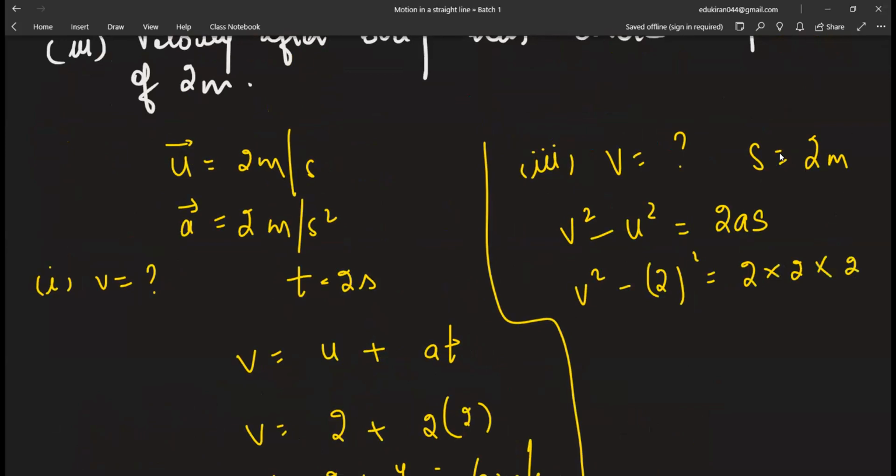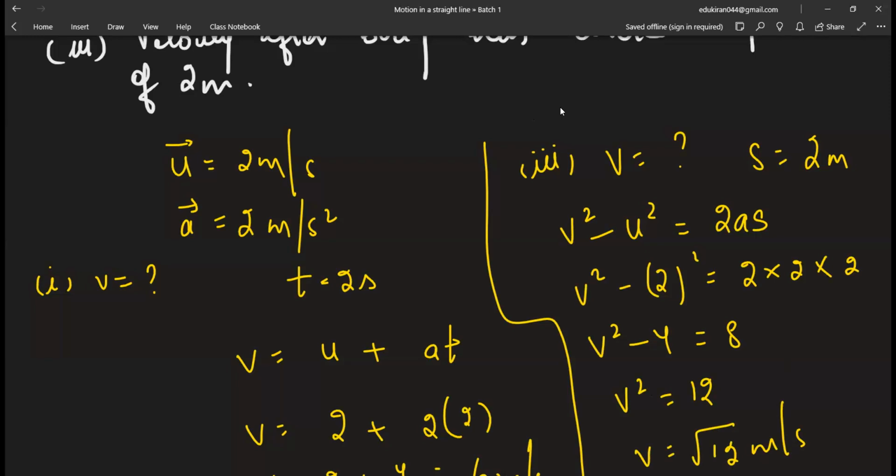Everything is given 2, no? Displacement is also 2. So this becomes v square minus 4 is equal to 8, right? This is 4. This is 8. So v square is equal to 12. So v is equal to root 12 meter per second.